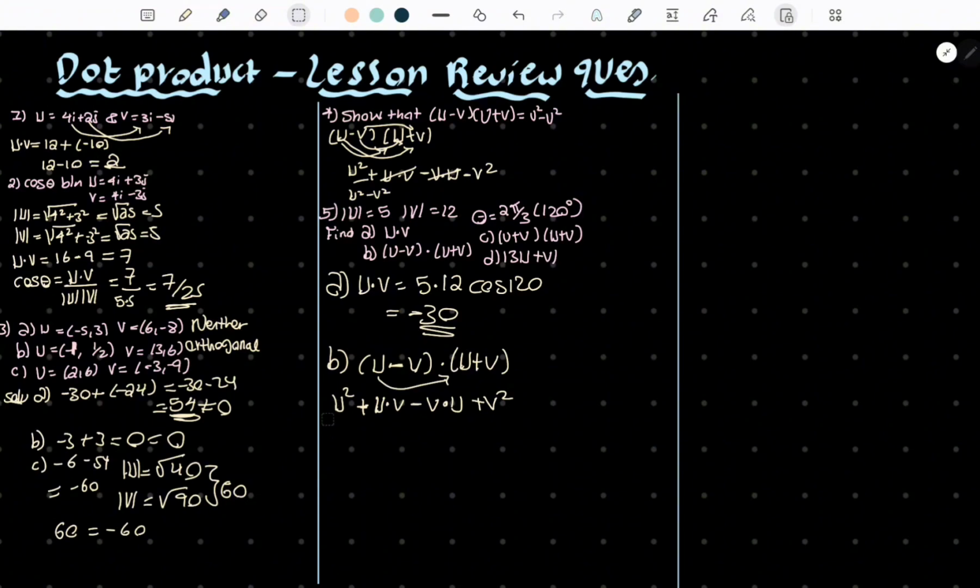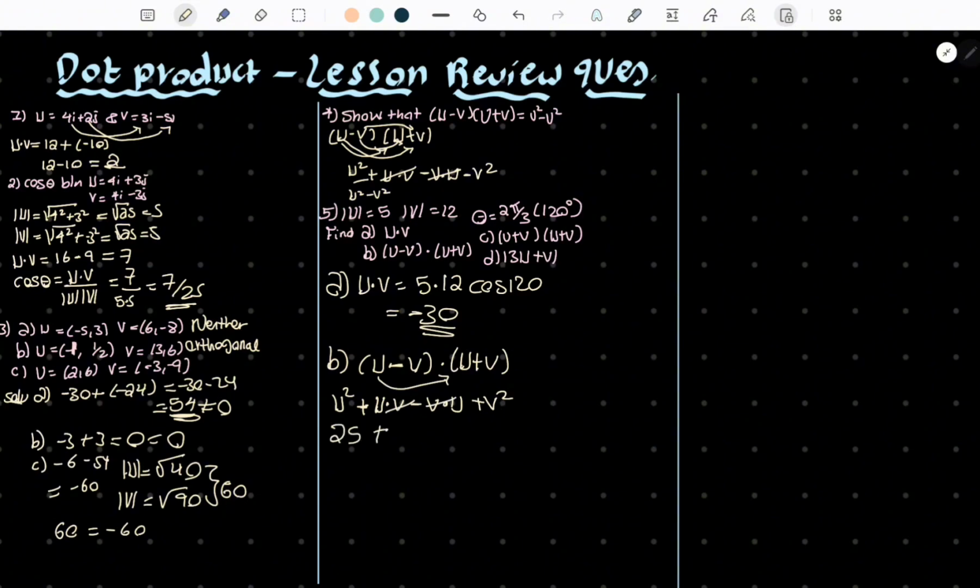So u squared is obviously going to be the magnitude of u squared. So we're going to plug in 5 squared, which is 25. Here, these ones cancel each other out.